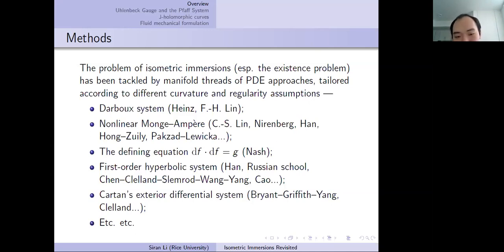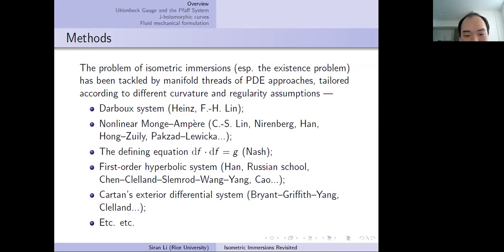So for example, the original work by Heinz, and also a short, less known, but very brilliant paper by Fanghua Lin. They analyzed this problem by the Darboux system. It's a second order 2x2 elliptic system, fully nonlinear.